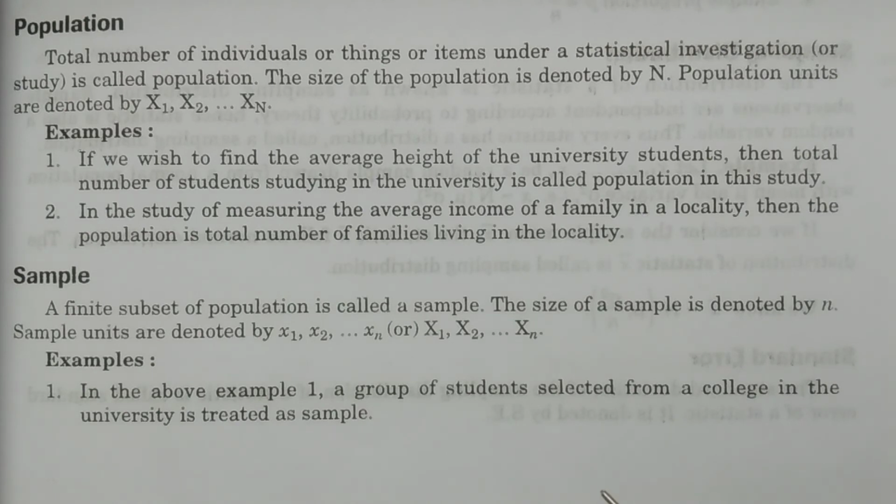That is nothing but a sample. Hope you understand the difference between population and sample. The population is the total number of individuals in a particular statistical investigation, whereas a sample is a finite subset considered from that population. It is nothing but a sample. Hope you understand. Thank you.